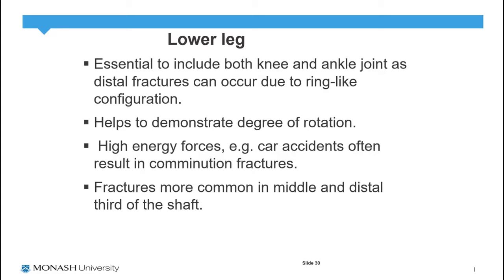It also helps to demonstrate any degree of rotation, as high energy forces such as car accidents can often result in tib fib fractures, and these could also be often comminuted fractures. Fractures are more common in the middle and the distal third of the shafts.